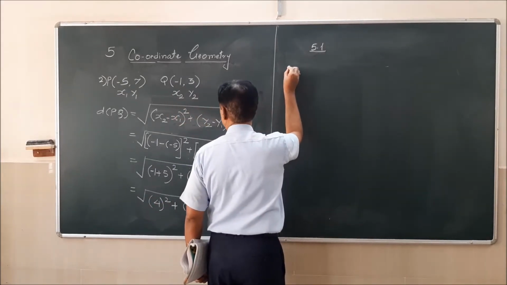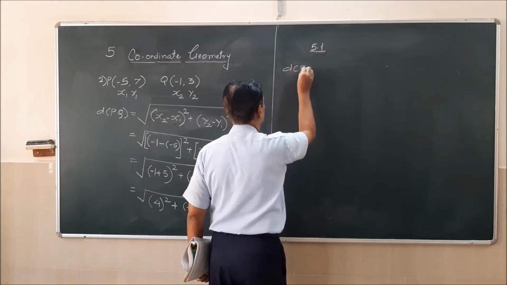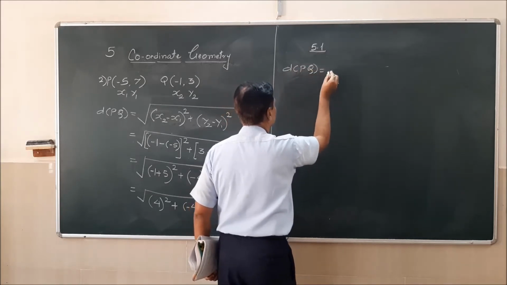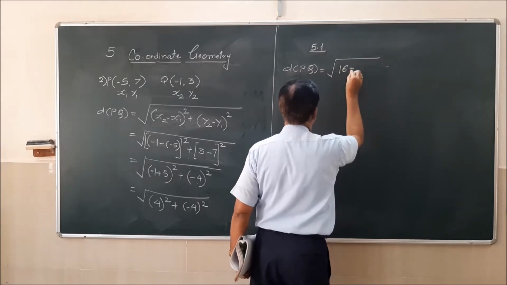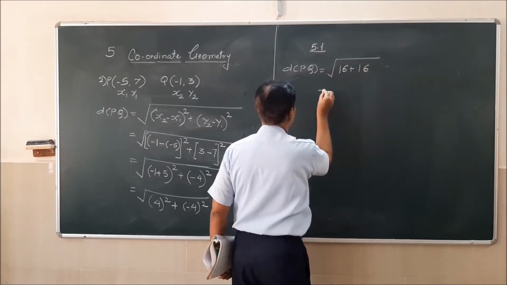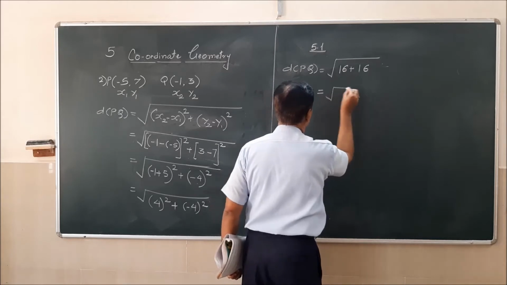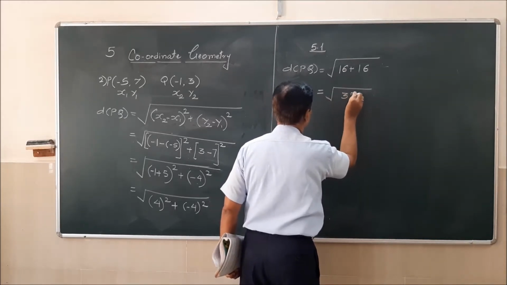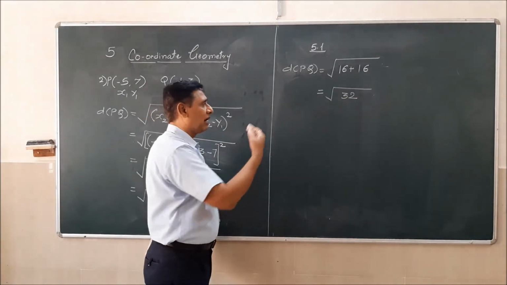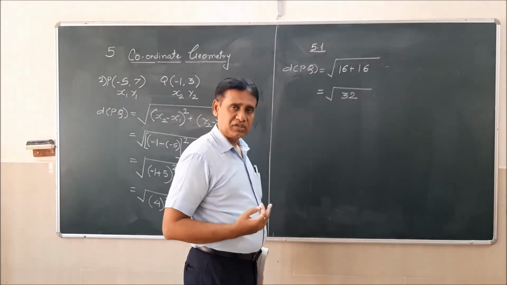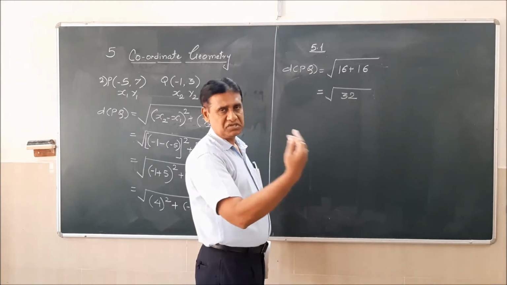So distance PQ is equal to root of 16 plus 16, that will give us 32. Now since I got 32, I would like to write this 32 as 16 twos are 32.